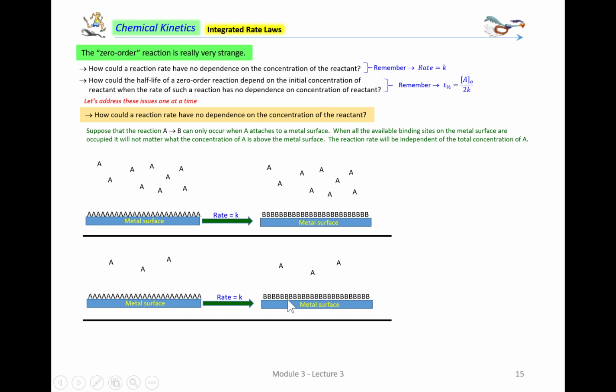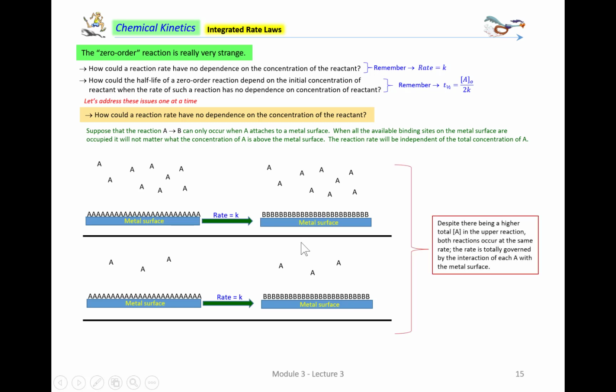What we're trying to show here is that it doesn't matter what the total concentration of A is. The reaction can only go as fast as A going to B on the metal surface. So what we say here is, despite there being a higher total concentration of A in the upper reaction, both reactions occur at the same rate. The rate is totally governed by the interaction of each A with the metal surface.